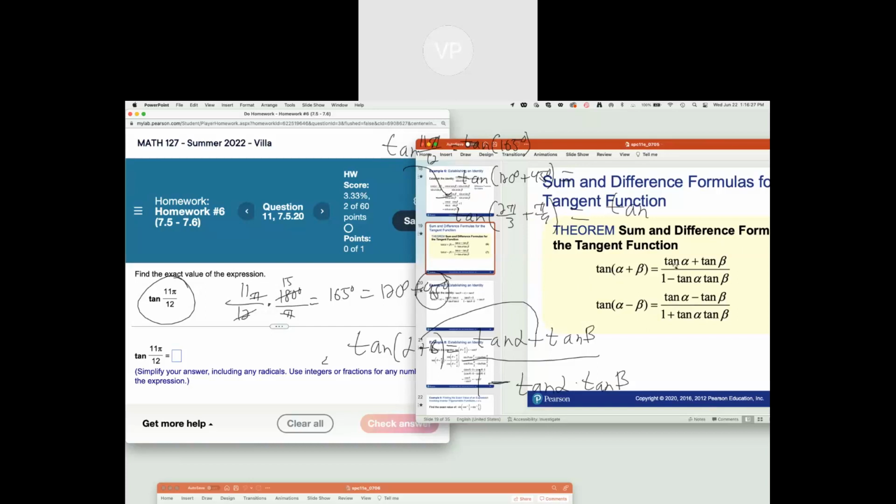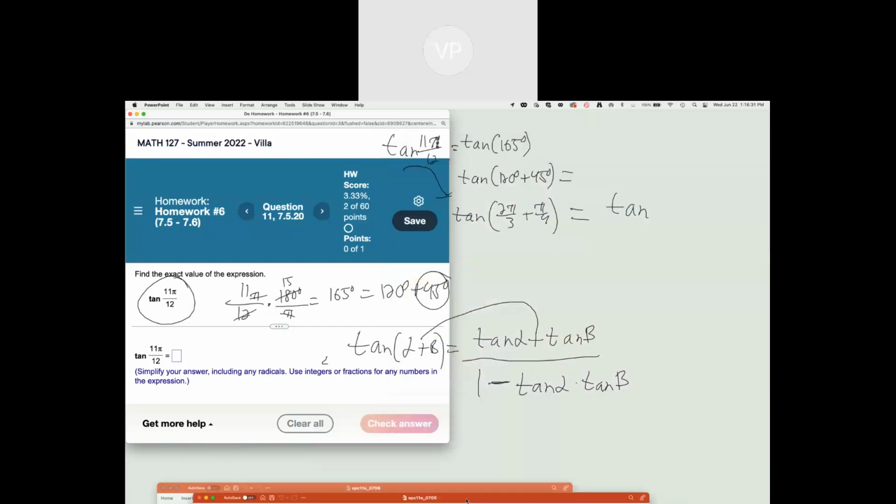Tangent of alpha plus beta is tan alpha plus tan beta over 1 minus the two multiplied together. That way, now we know I can proceed and fill in the blanks, as opposed to if I did the formula wrong, I'd have to redo everything. So this is going to be tangent of the first, 2 pi over 3, plus tangent of the second, pi over 4, all over 1 minus the two things multiplied together.